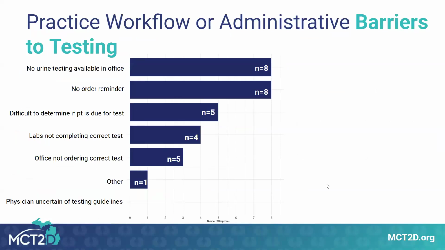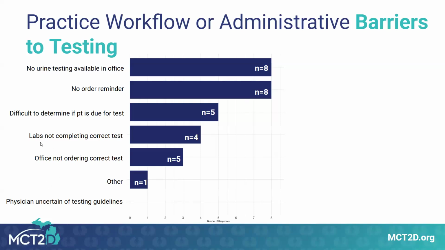In terms of the barriers to testing, things came up like no urine testing available in the office, no reminders, which we just talked about, presumably meaning the EHR, not being sure which patients needed the test, and getting the incorrect test, or not ordering the right test, came up a lot.